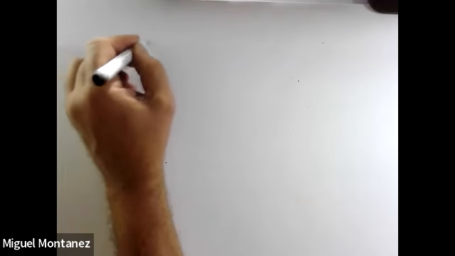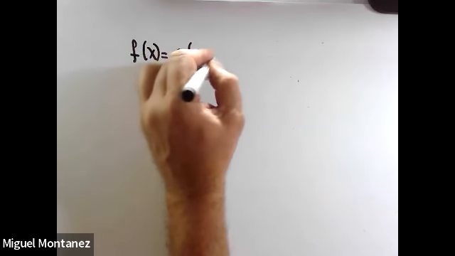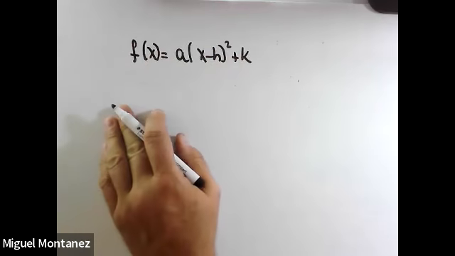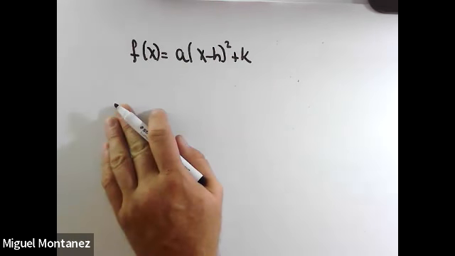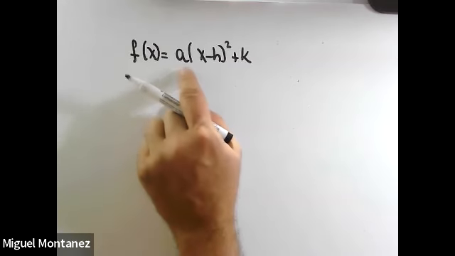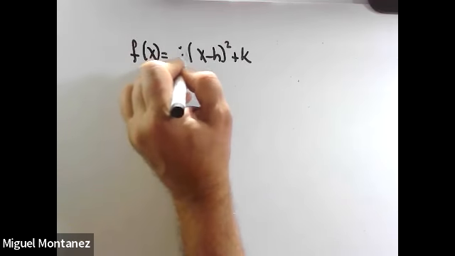With only 2 things, I'm going to skip the other one. So we already know f of x equals a parenthesis x minus h squared plus k. Let's just assume the a is 1 for now. It's an invisible one here.